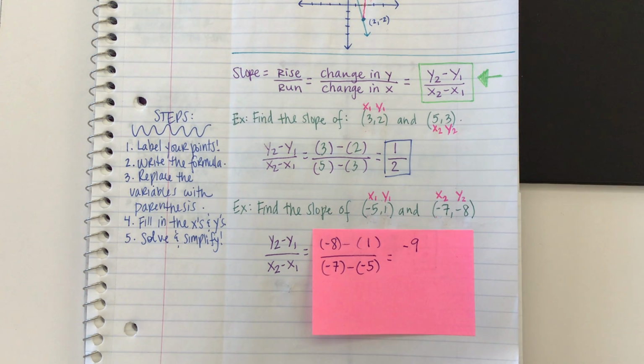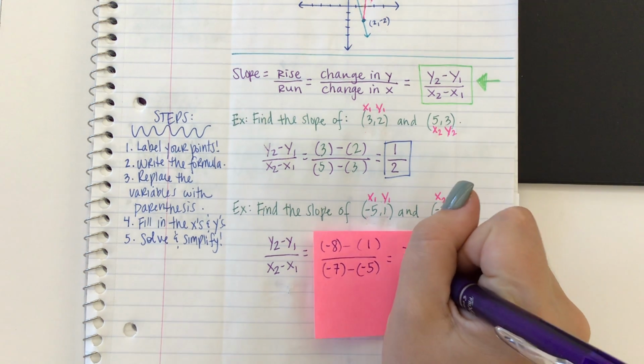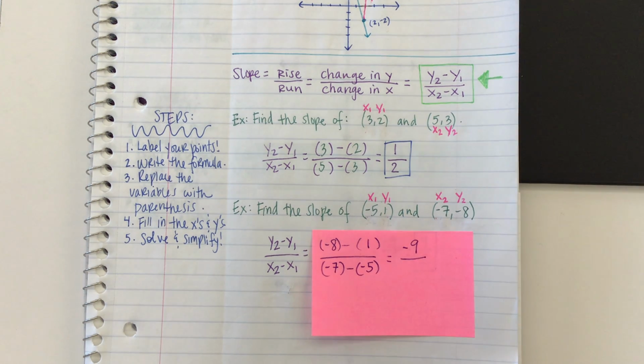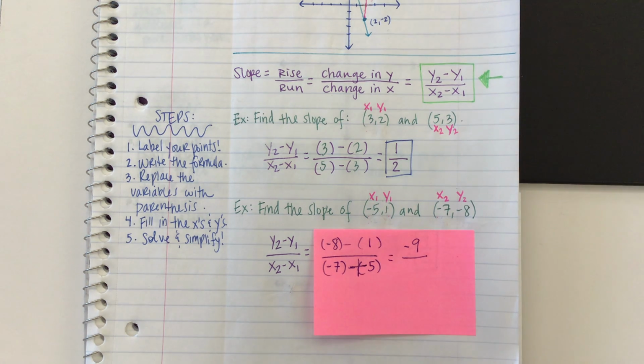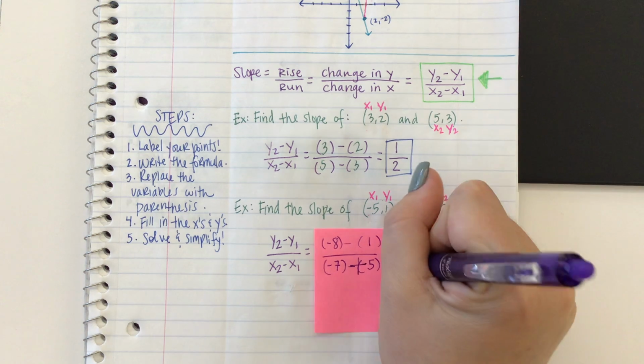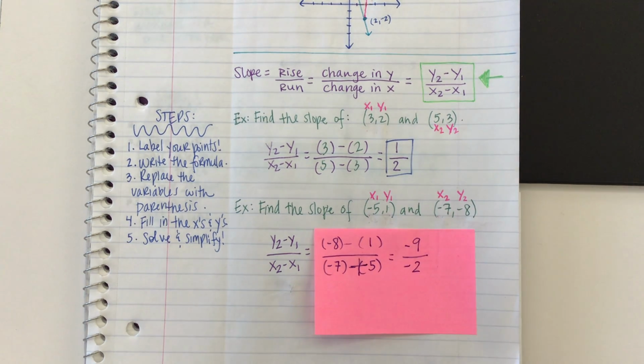You should already know how to do operations with integers, and if you do not, then we need to review that. -7 minus -5. 2 negatives right next to each other become a positive. And then we have -7 plus 5, which equals -2.